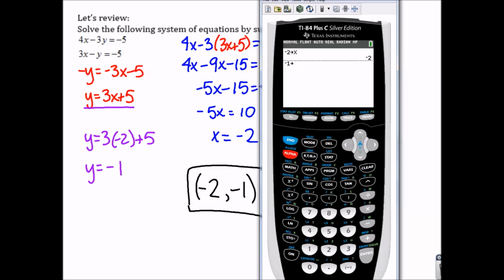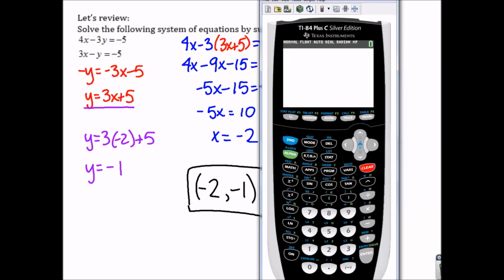If you hit alpha and then 1, that brings up y. Then I'm going to type in the two equations. The first one is 4x minus 3y. That equals -5, which is good. And then I have 3x minus y. And that also equals -5, which is what it should equal.